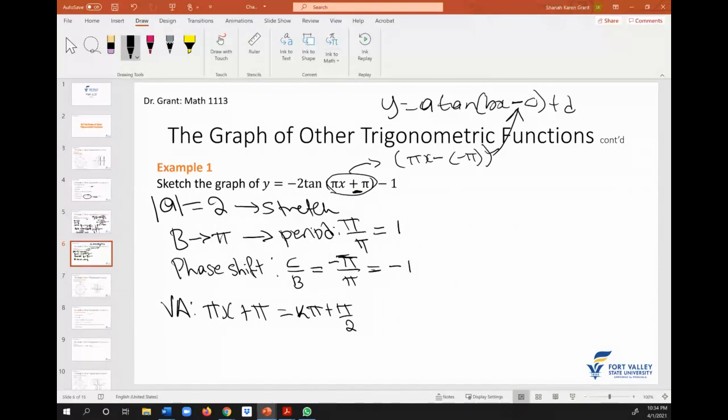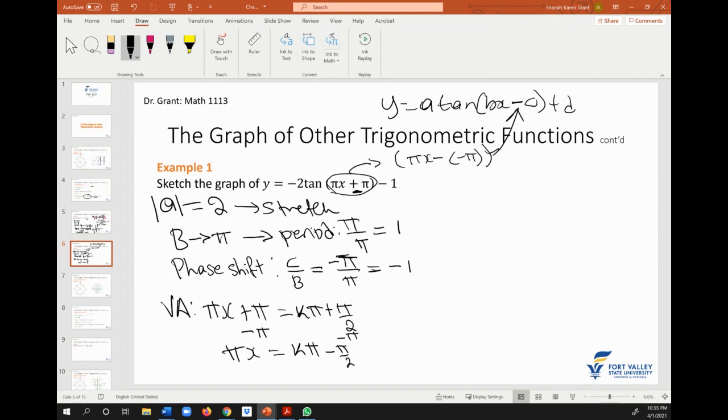And so, again, we're solving for x. So the first thing I'm going to do is subtract pi from both sides. So this is going to be pi x equals k pi. Pi over 2 minus pi, it's like 1/2 minus 1. It's going to be negative pi over 2.